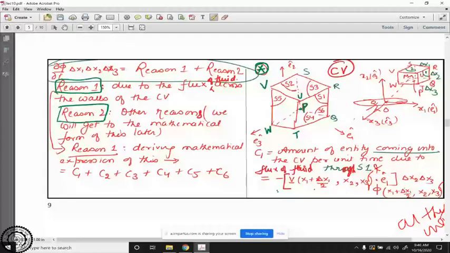And everything else is also positive here. If phi is mass per unit volume, it is density, basically, it's also positive. But then I have asked the question coming into the control volume. Okay, and that's why I am putting a negative sign here. I hope this makes sense. So negative sign has to be put if my statement is coming into the control volume and I'm talking about this surface.